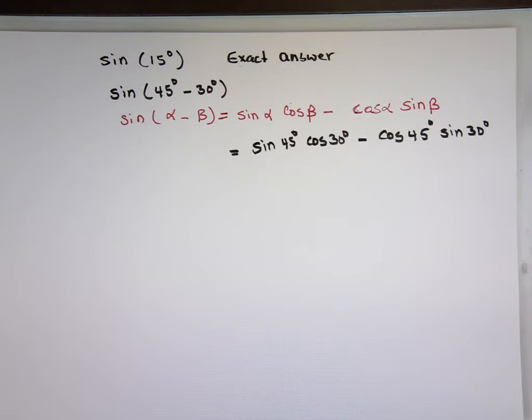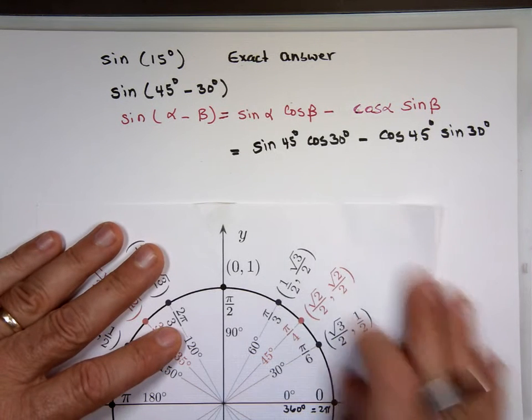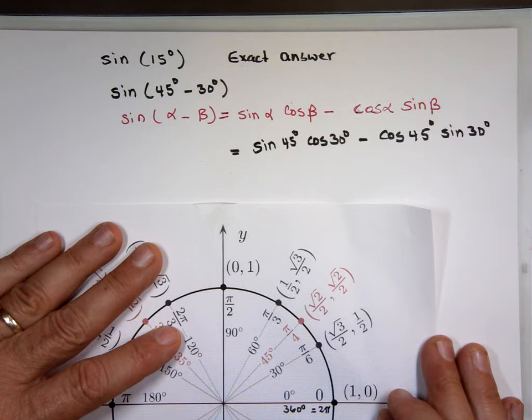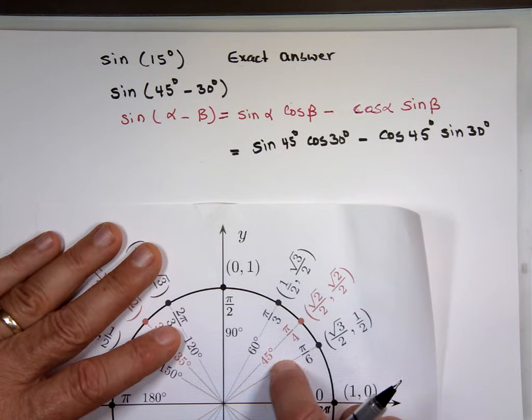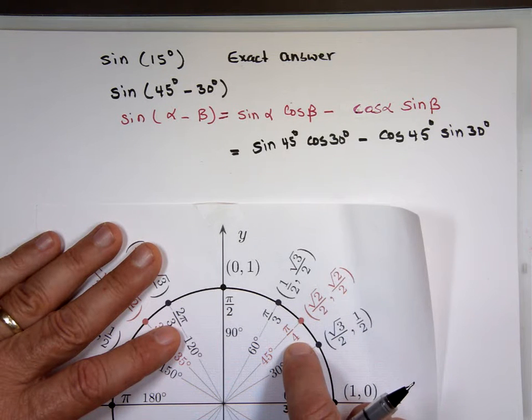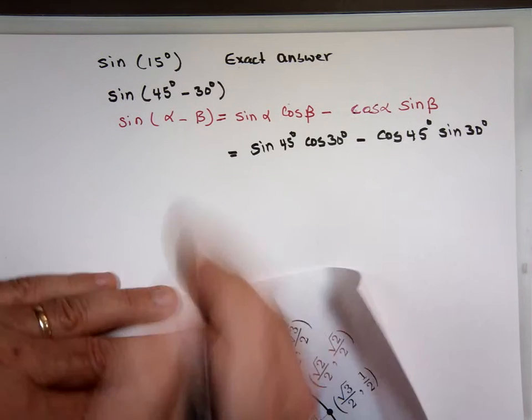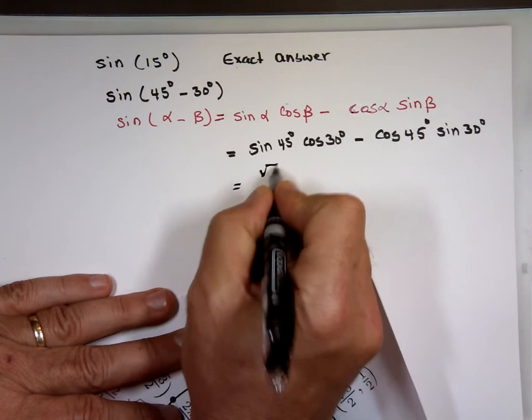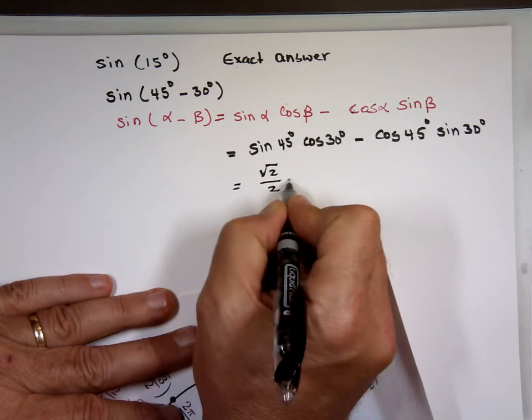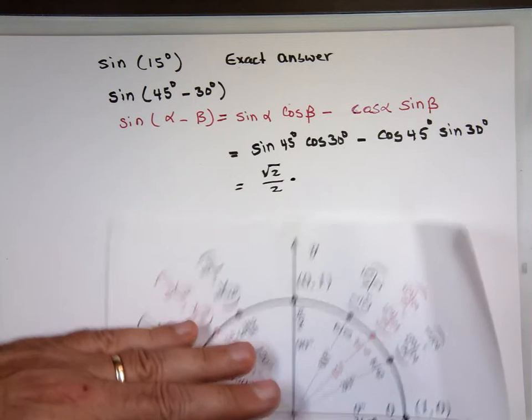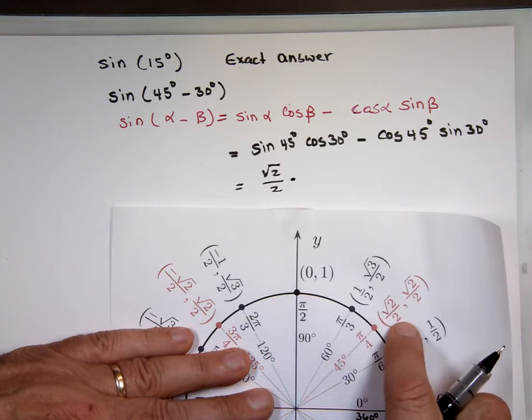Let me grab my unit circle. I need it. And let's see if I can find these answers. 45, that's this one. What is the sine? The sine is the second number. The square root of 2 over 2. Times. What is the cosine of 30?